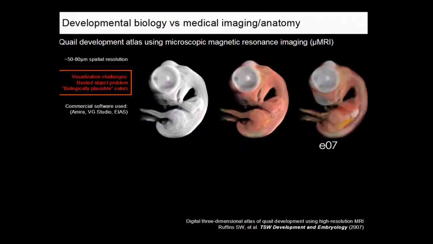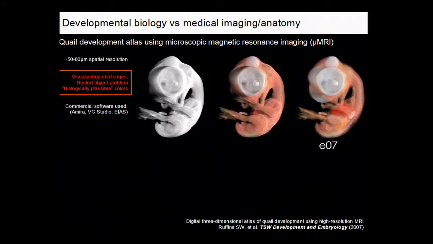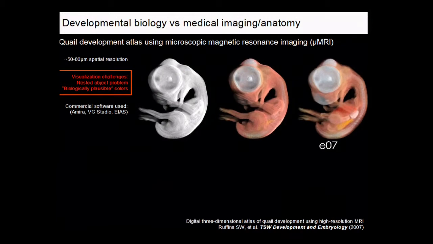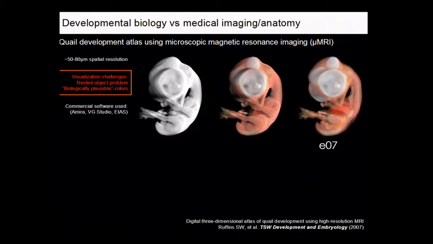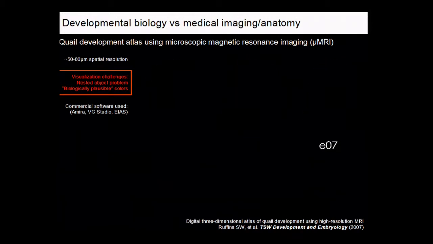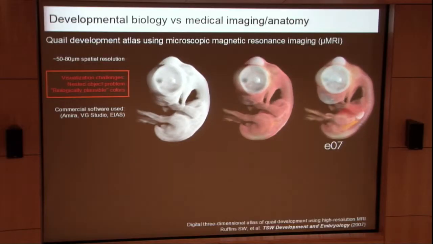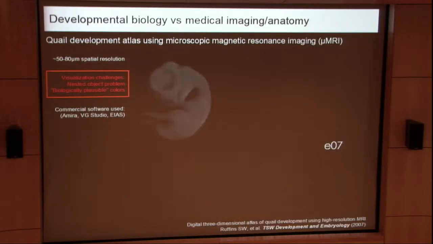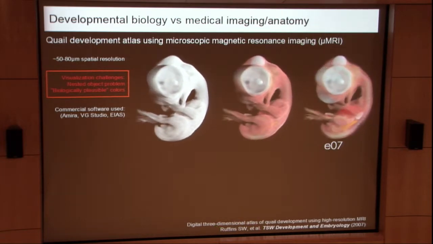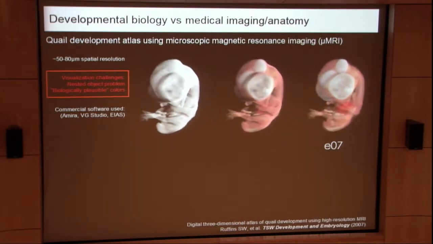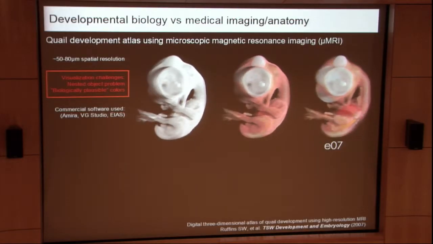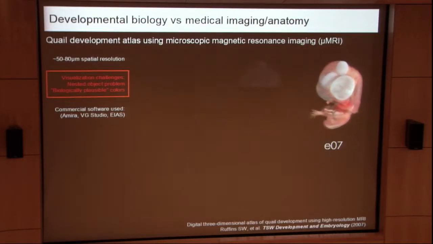Concerning the link with medical imaging, we can use the same kind of imaging techniques such as magnetic resonance imaging. I show you here some data looking at quail. This is data from the digital three-dimensional atlas of the quail development. In this specific case, the challenges concerning visualization are really shared with medical imaging.